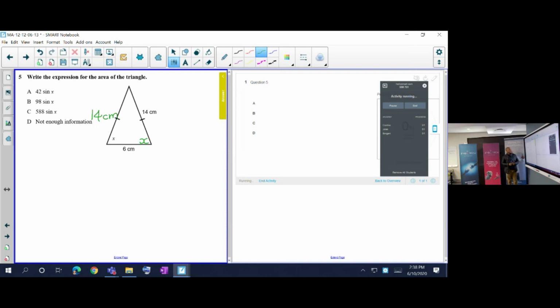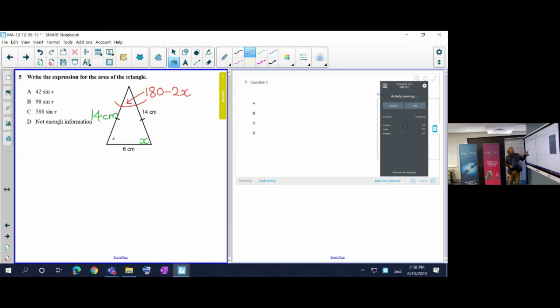So you already have two angles of a triangle, which means you can easily find the third angle. So the third angle that I'll show you will be 180 minus 2x, because we have to subtract the other angles to get the third angle, since the angles add up to 180.